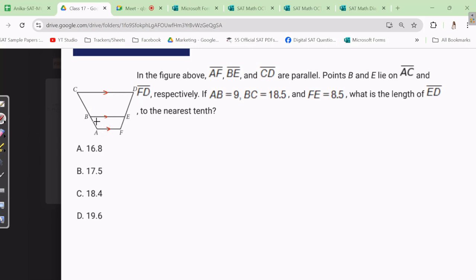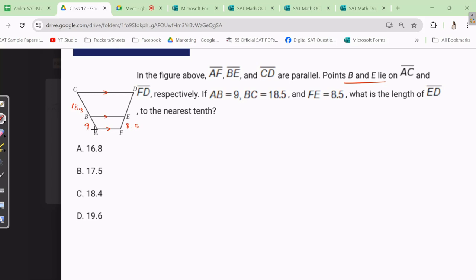Points B and E lie on AC and FD respectively. If AB is 9, BC is 18.5, FE is 8.5. What is the length of ED? Oh, this is very easy. Can you find out the length of ED?